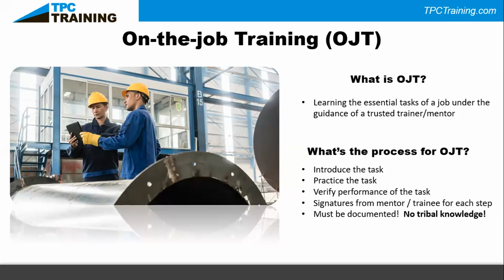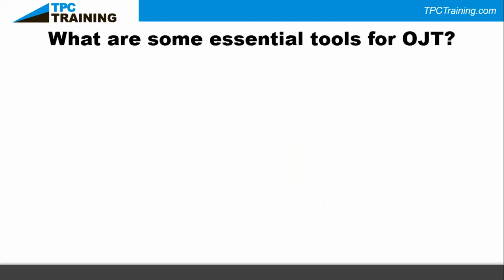And then if we can sign off on each of those competencies that they are practiced and verified using forms, that can help us. So what are some of those tools we use for on-the-job training, right? Those ingredients we need to do good on-the-job training. What does that documentation look like? Well, in some cases it might absolutely certainly be mentor checklists.